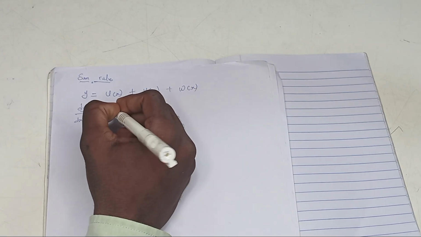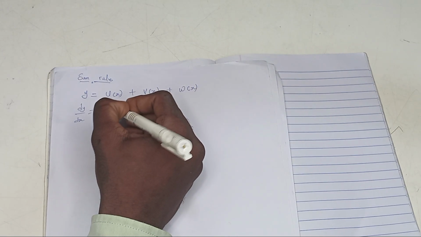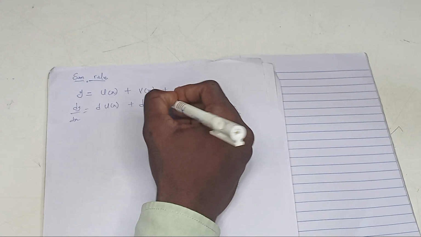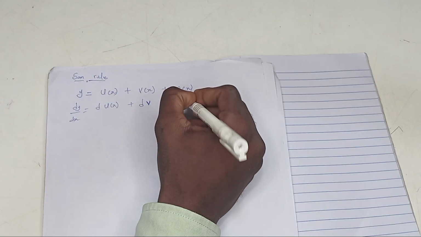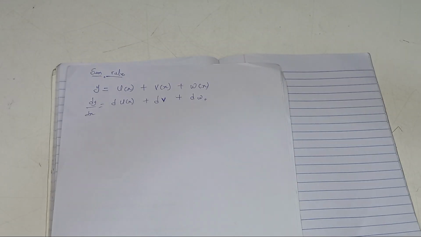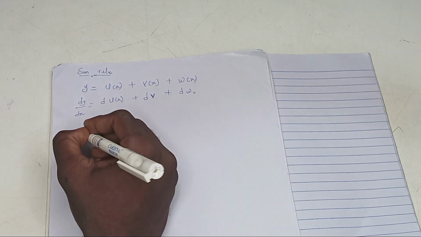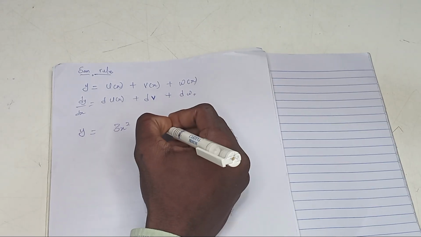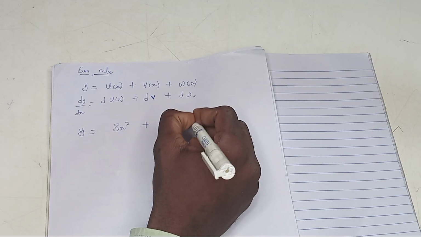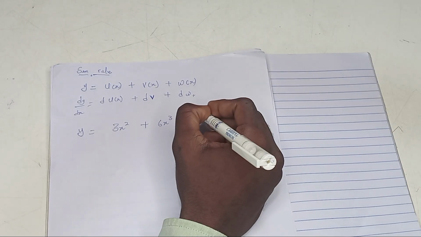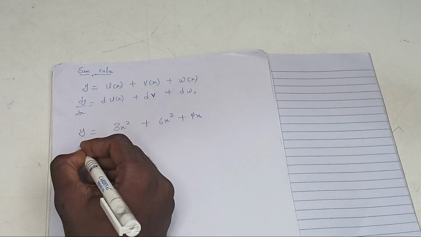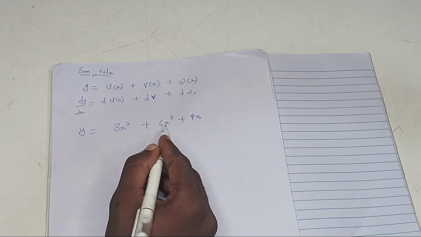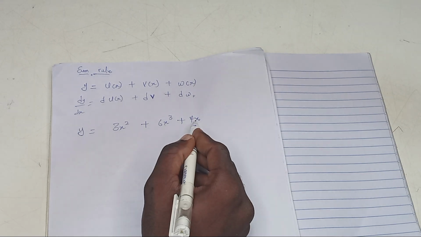So you differentiate du separately, you differentiate dv separately, and you differentiate w separately. Let's go into a question so that we can understand what I'm saying. If y is given as 3x squared plus 6x cubed plus 4x, what I'm saying is that you differentiate this term, add it to the differential of this term, and add it to the differential of this term.